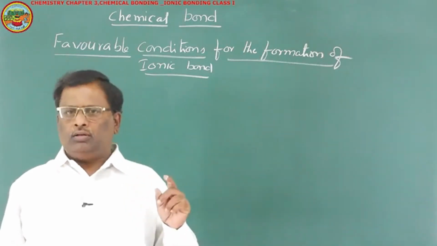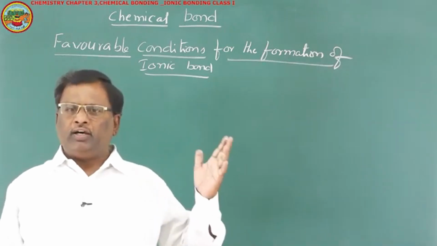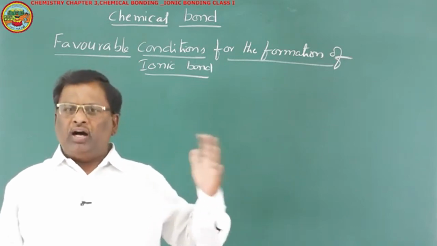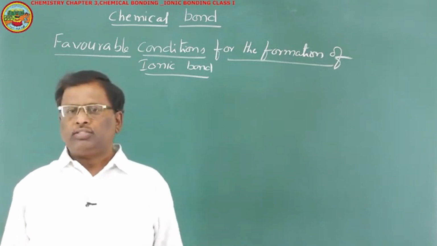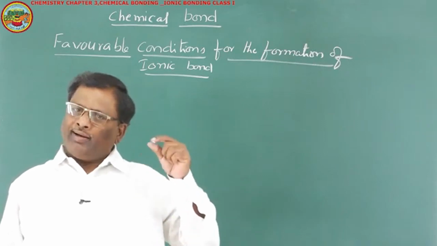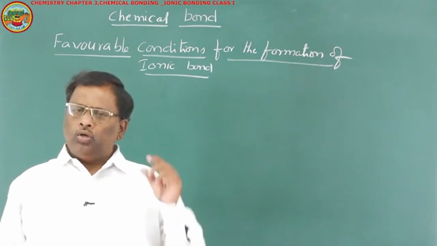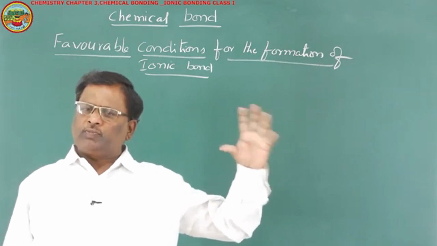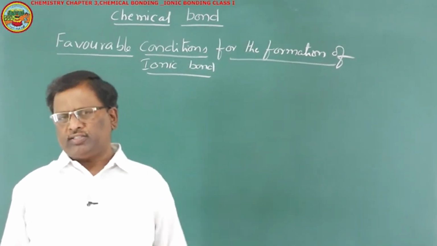The conditions which are favorable for the formation of a cation and anion separately are favorable for the formation of an ionic bond, because in an ionic bond one cation and one anion are essential. So an ionic bond is present between two oppositely charged species, one positive and the other negative.